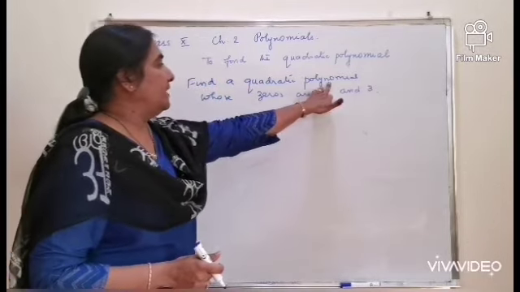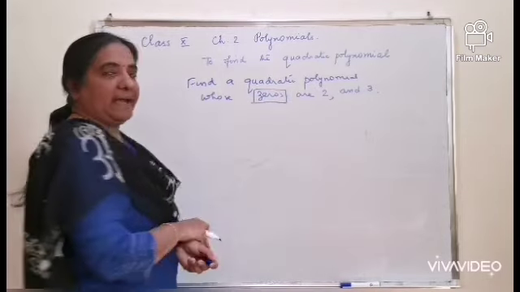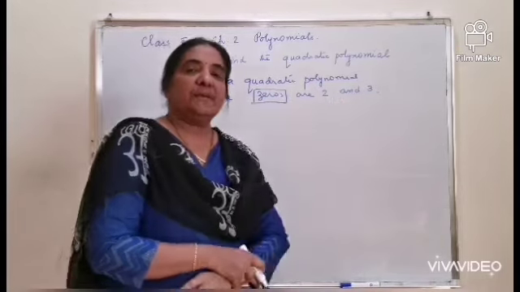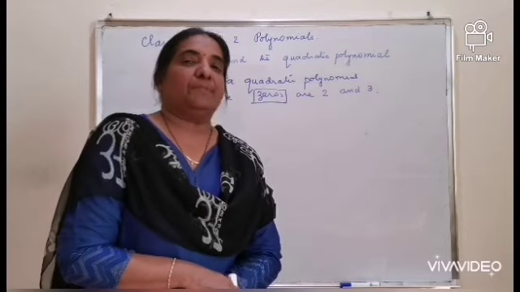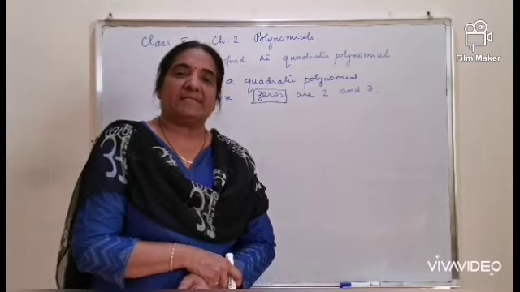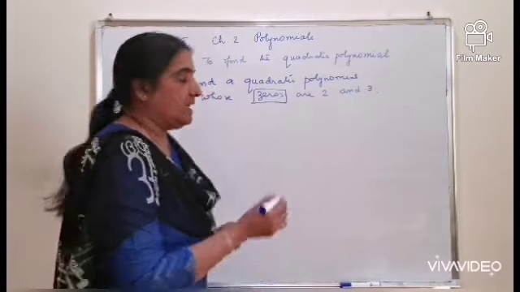The questions we practiced were only when the sum and product of zeros were directly given, whereas here the zeros are 2 and 3.